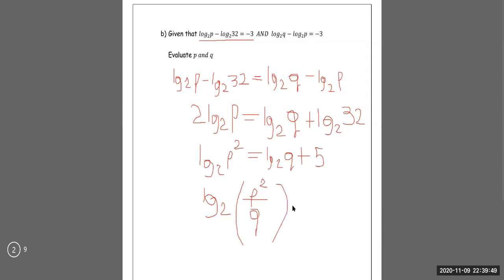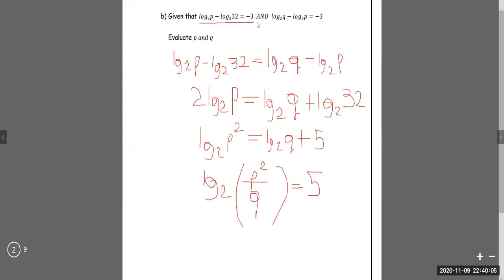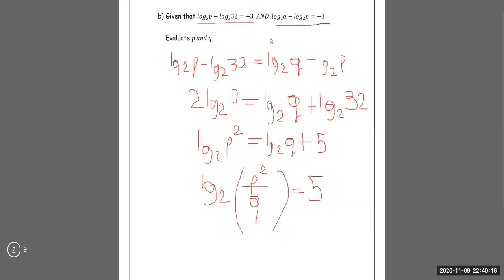Now this is why I didn't want to do it this way, because look, now all we end up with is one equation with two unknowns, right? Yes, sir. Now from the start, if we were to just equate this side, we'd have gotten one equation with two unknowns, and then we equate this side, we get another equation with two unknowns, then we can solve them simultaneously.